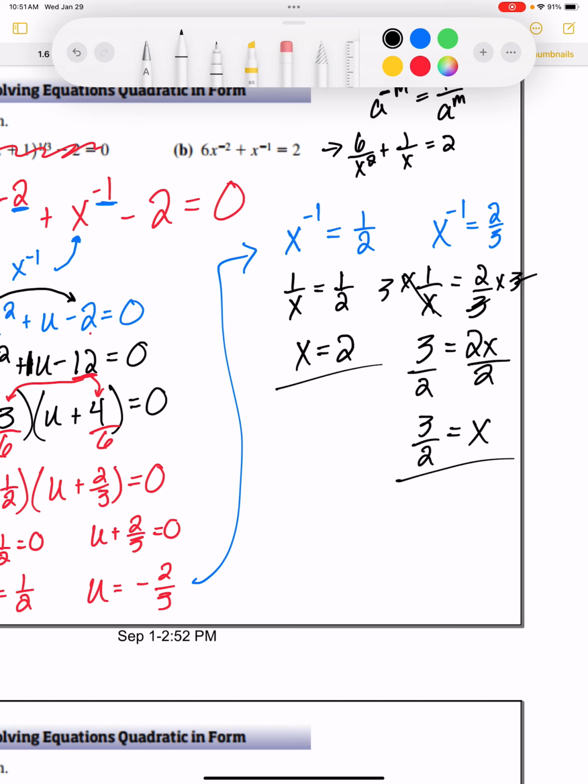And x cannot be equal to 0, or else you'd have a 0 in the denominator, which you can't do. We can't divide by 0. So I feel confident that these are the correct answers, but anytime you get into something new, you should always be checking. Just plug them into the original and see if they're correct.